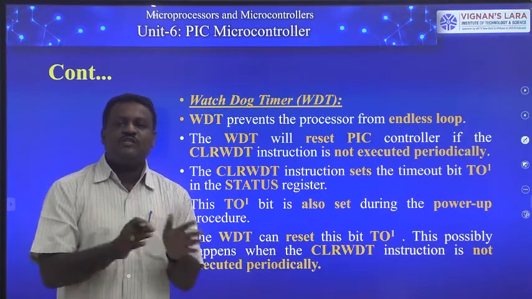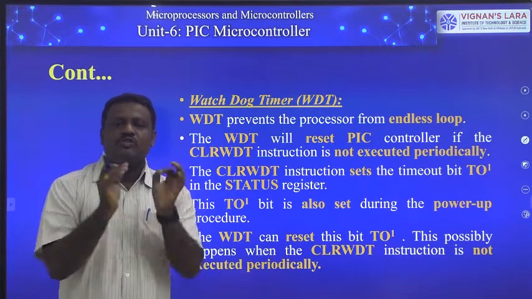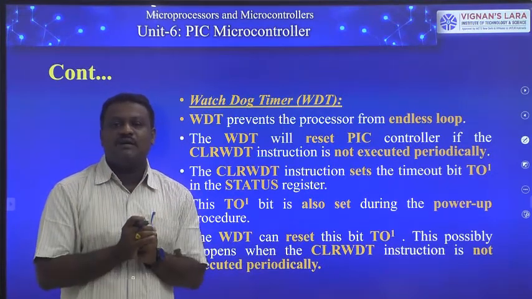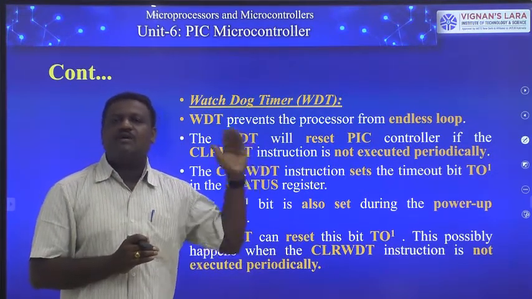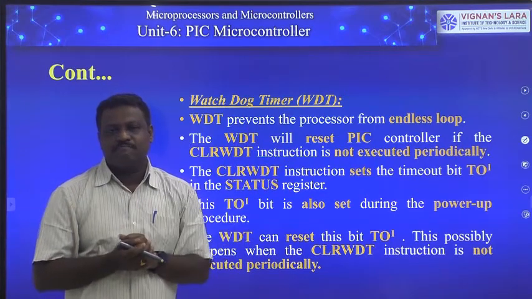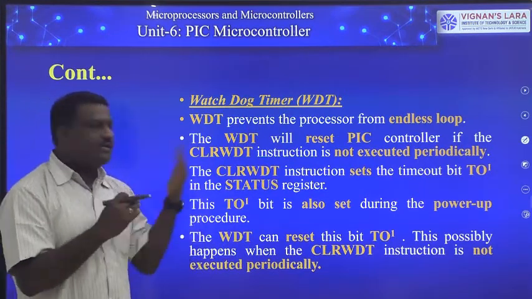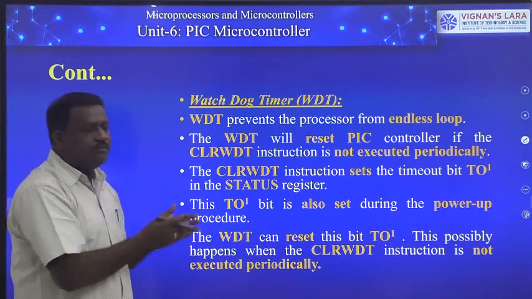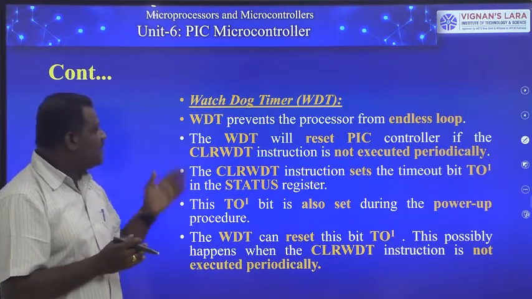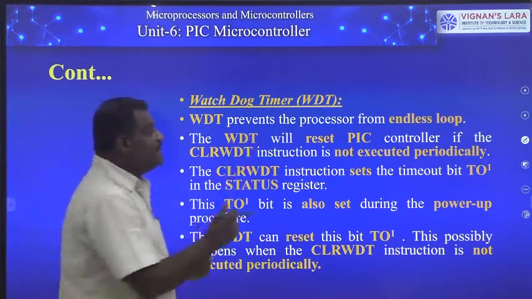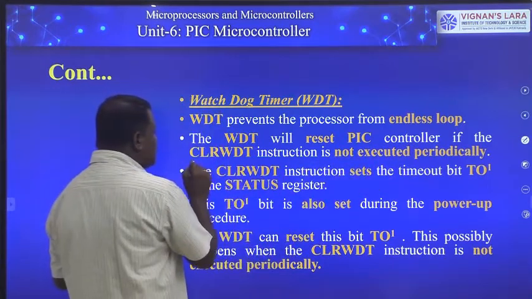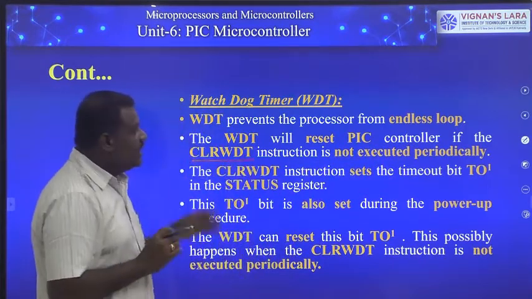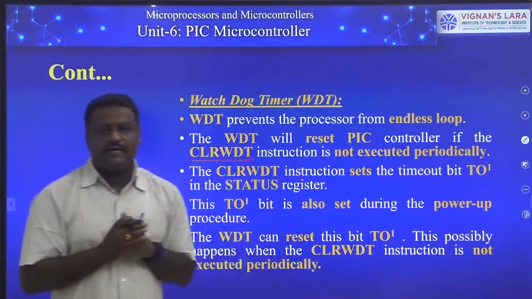Without switching off and on your controller, once your controller has a Watchdog timer, it will protect the controller from that endless loop. How it does this, we will learn by observing the following points. The WDT will reset the PIC controller if the CLRWDT instruction is not executed periodically.